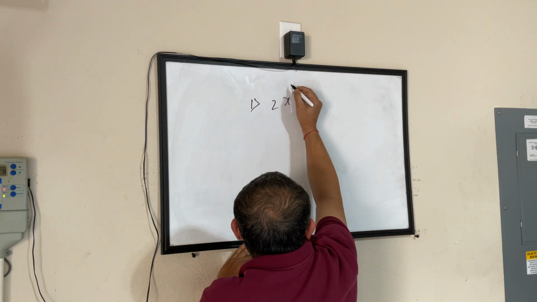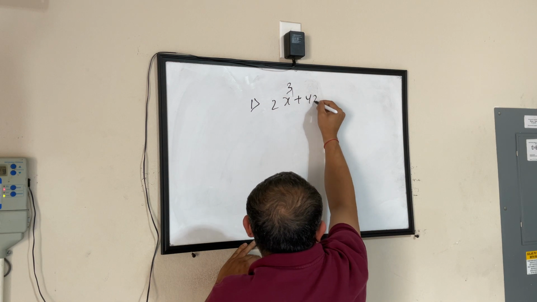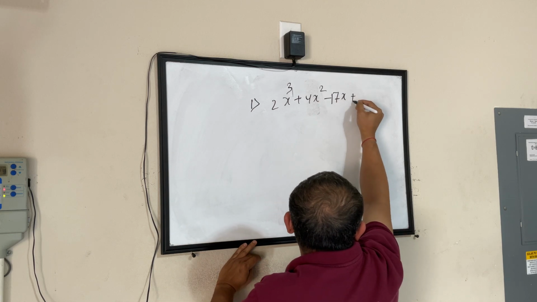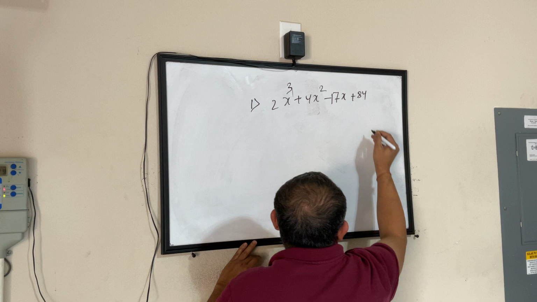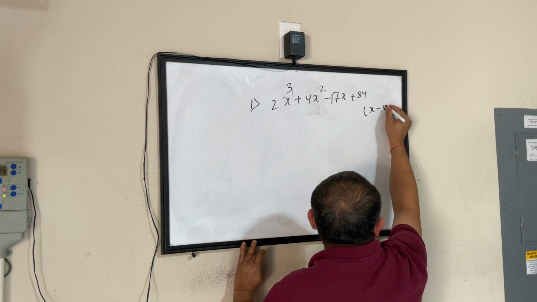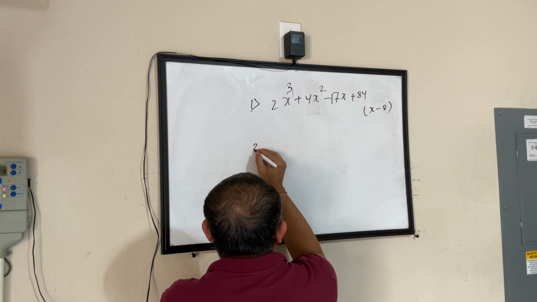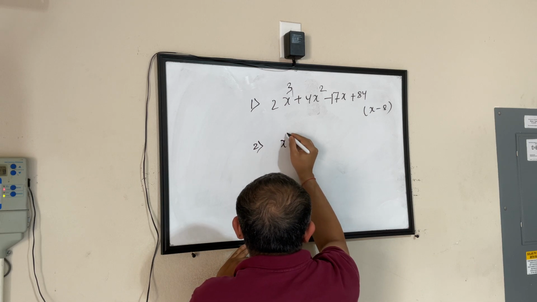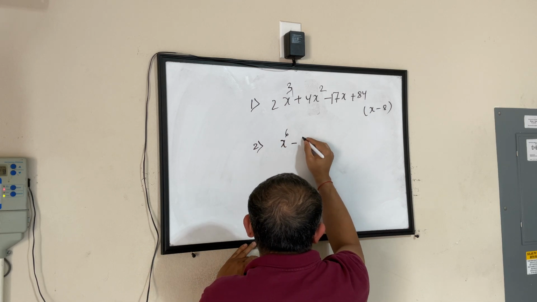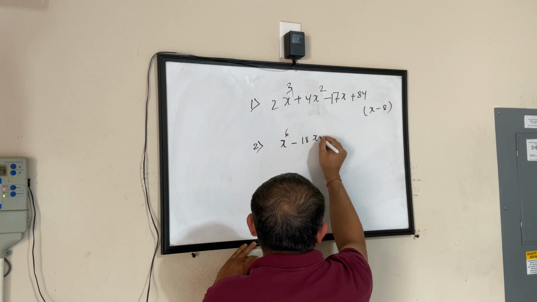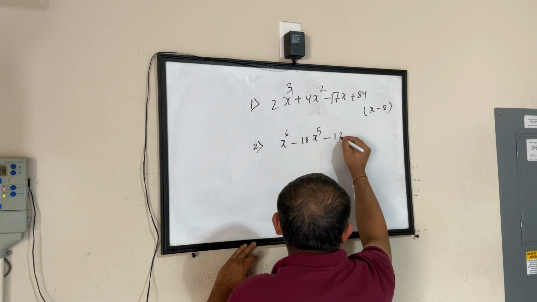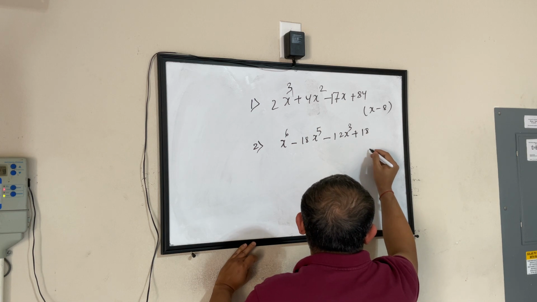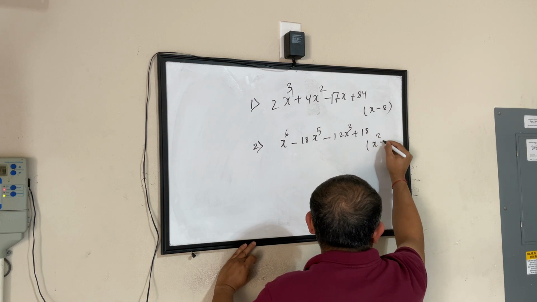2x cubed plus 4x squared minus 17x plus 84 to be divided by x minus 8, and I want you guys to solve one problem which is x to the power 6 minus 18x to the power 5 minus 12x cubed plus 18 divided by x squared plus 4.